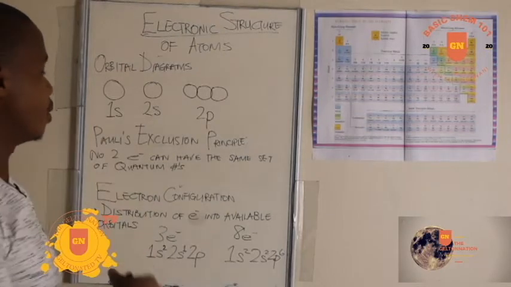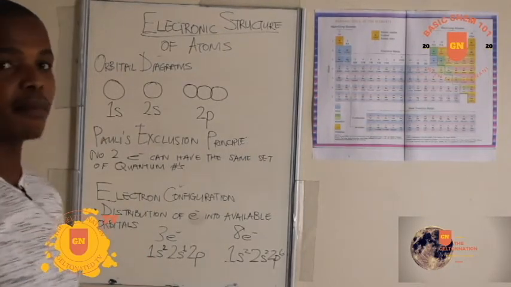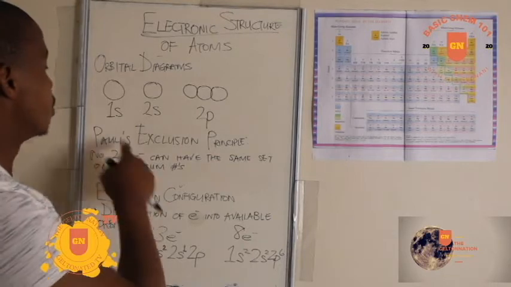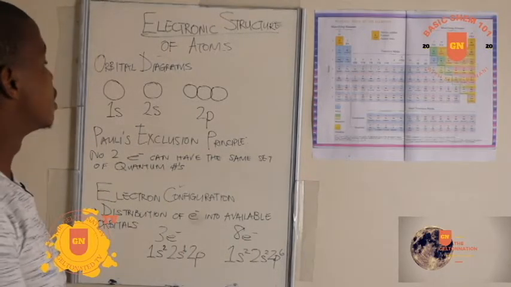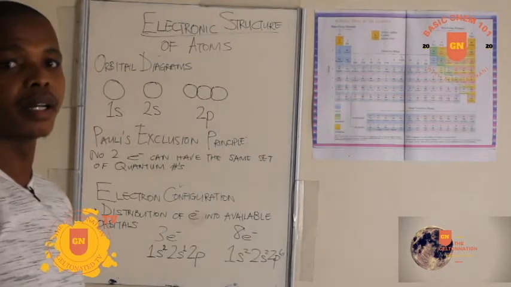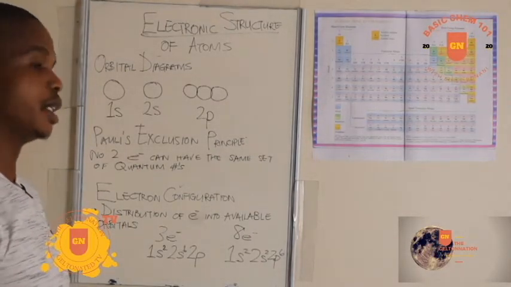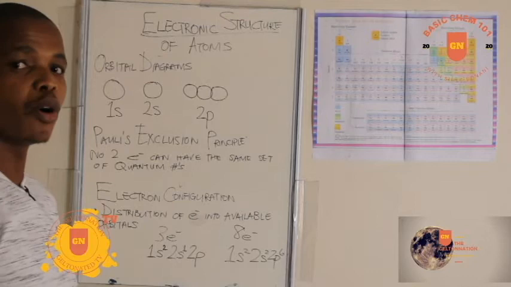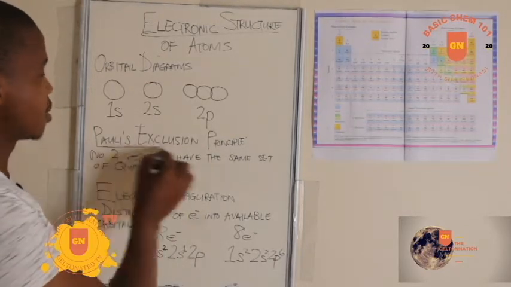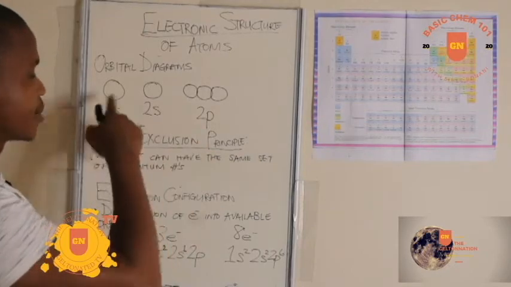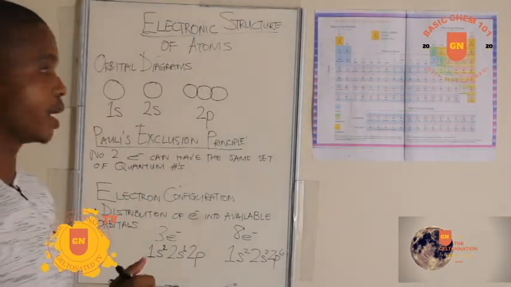And then your quantum number ML will be 0 as well, because it depends on L. And then your quantum number MS would be plus half or minus a half. So this Pauli's exclusion principle helps us in putting that in place.